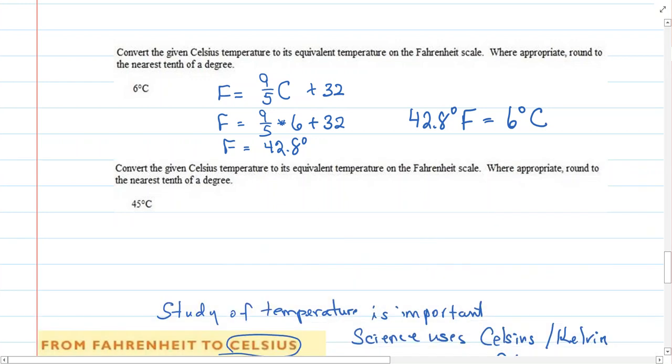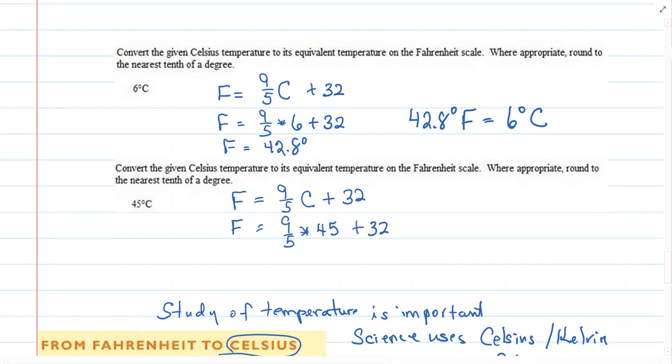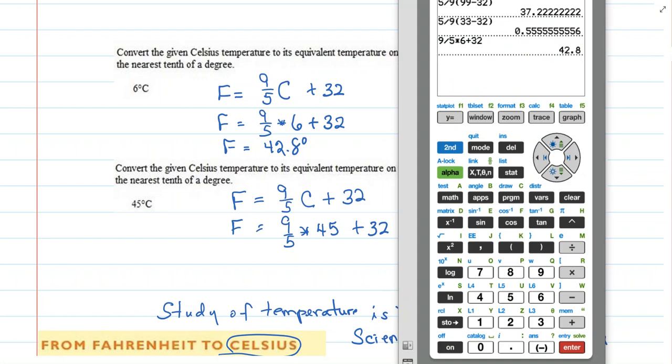And our last one here is 45 degrees Celsius. So we're going to use our Fahrenheit because that's what we want, is 9/5 Celsius plus the 32. So here we have 9/5 times the 45 degrees Celsius plus the 32. We're going to use our calculator. And we have the 9 divided by the 5 times the 45 plus the 32.